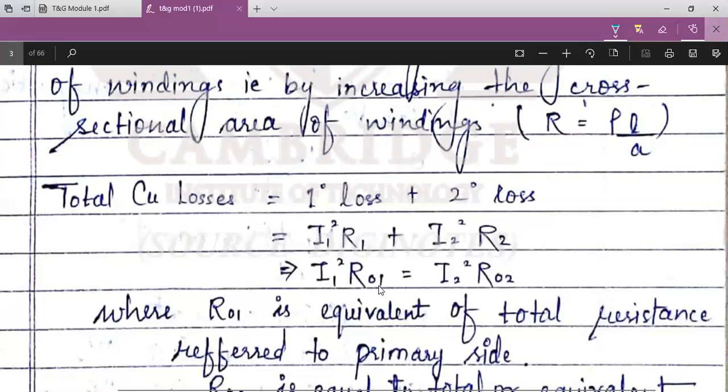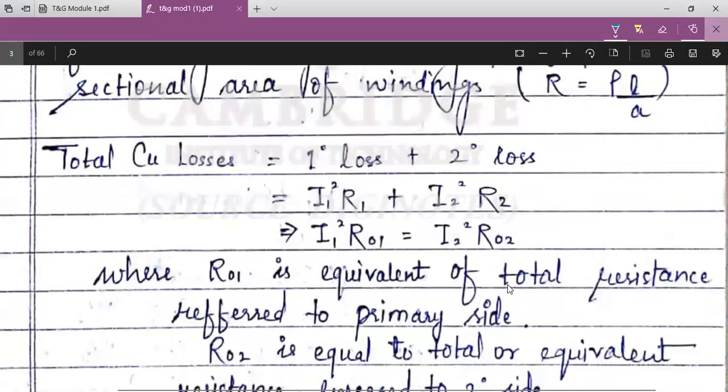Similarly, if you are considering the secondary side, I want to write the resistance in terms of the secondary side. In that case, I2 square into R02, where R02 is the equivalent resistance referred to the secondary side. Clear? Yes. Okay.